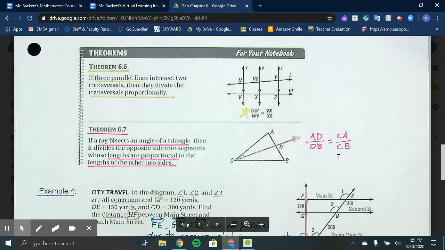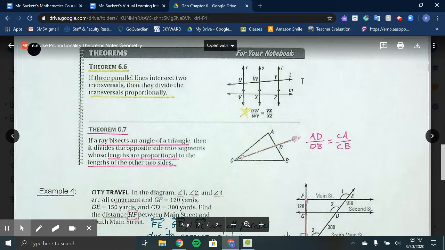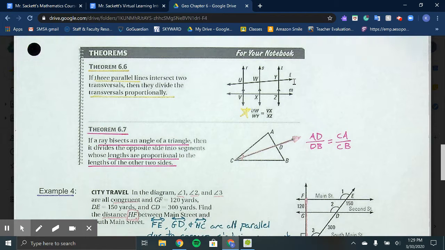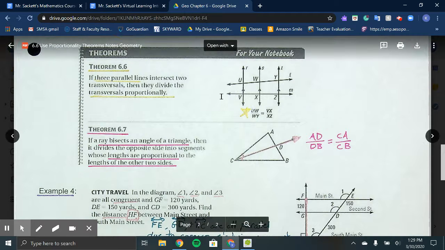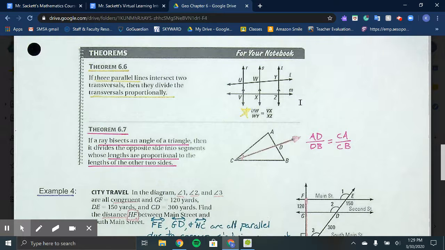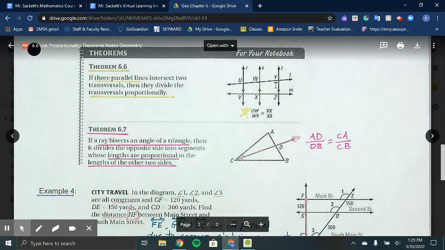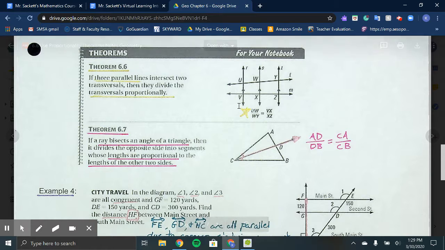So in this case, remember a transversal is referring to the line L in this example, or M. Those are the ones that cut through our three parallel lines of R, S, and T. So our setup there would be UW over YW, or WY, is proportional or equal to VX over XZ.